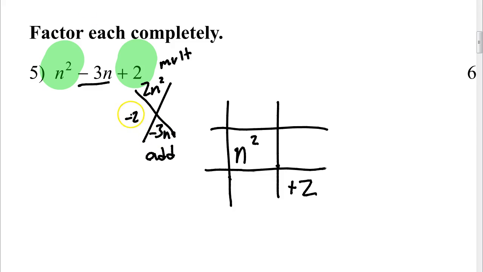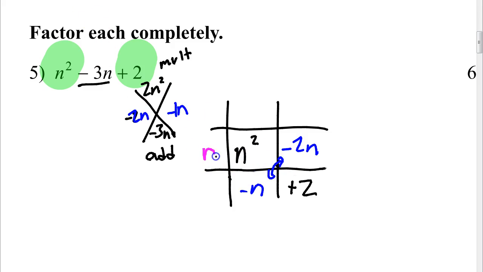Negative 2n and -n, or -1n. So -2 times -1 is +2. -2 and -1 adds up to -3. And there you go. In either order, doesn't matter which one is in either location, those are interchangeable.